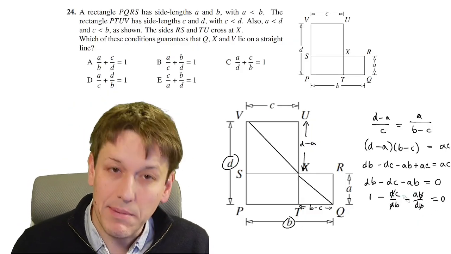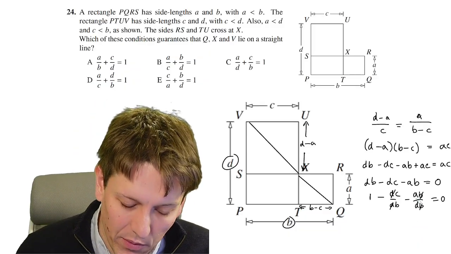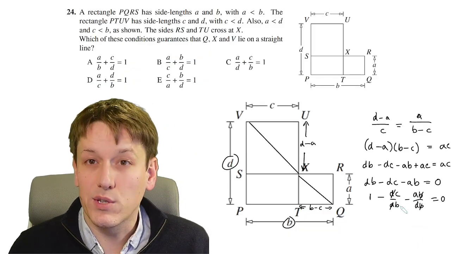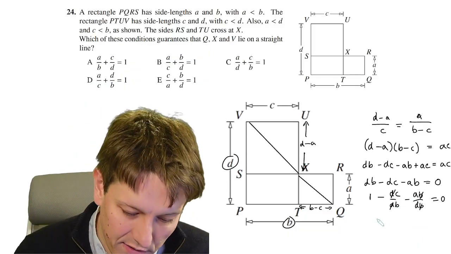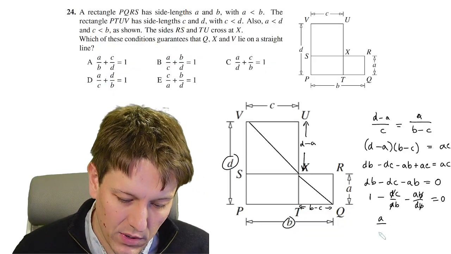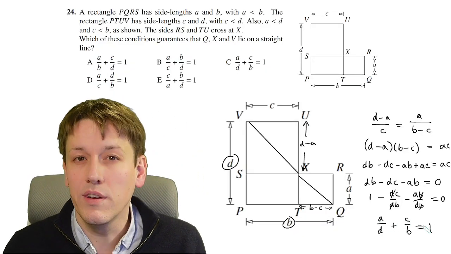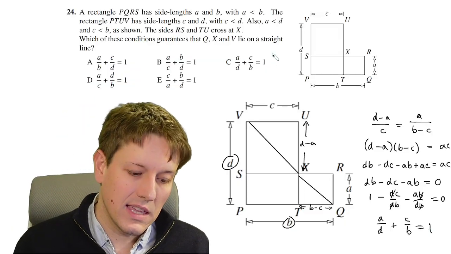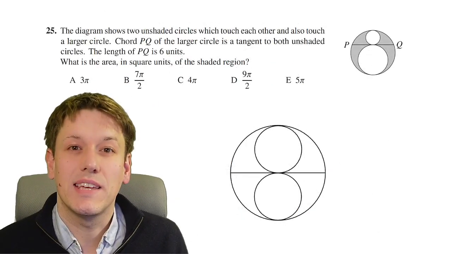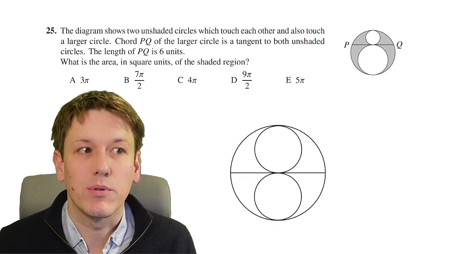But I've still got a, b, c and d in these expressions, and that's exactly what I want. So if I just add those fractions to the right-hand side and swap the sides of the equation, that's equivalent to a over d plus c over b is equal to 1, and so the answer to this question is C. This question certainly has an easy mode and a hard mode available to us.